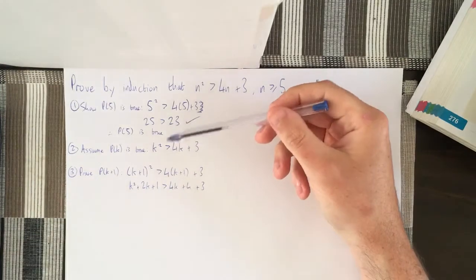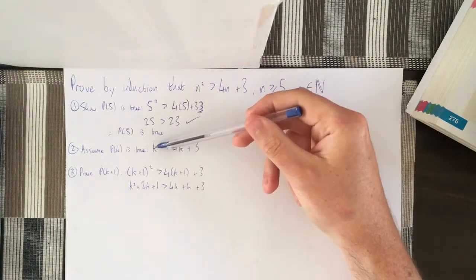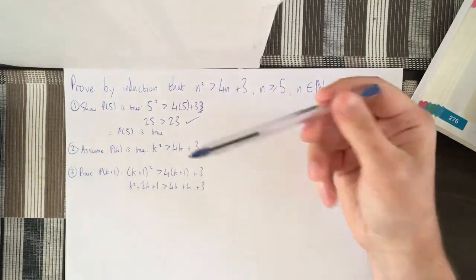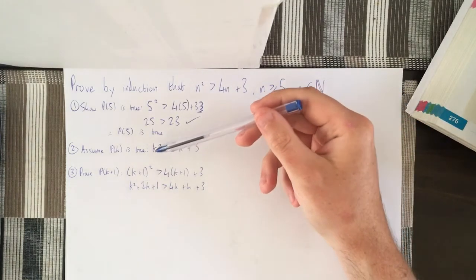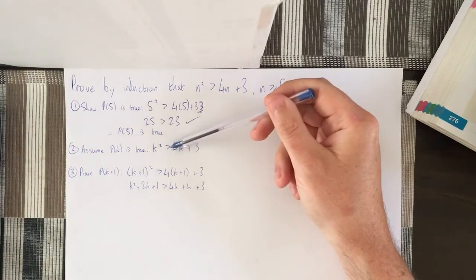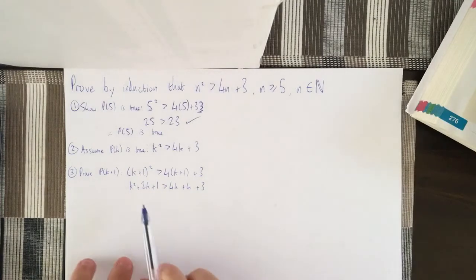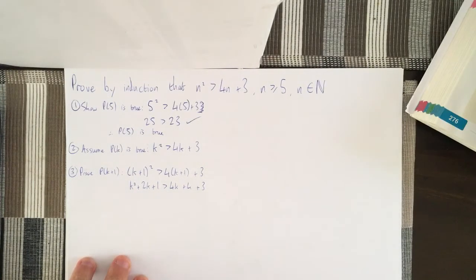So again, I'm not going to be subbing in for k squared just because this is an inequality rather than an equation. But I am going to try and get k squared greater than here and k squared greater than here and then link them. Okay, so I want to just get k squared on the left hand side to make this look a bit like this.